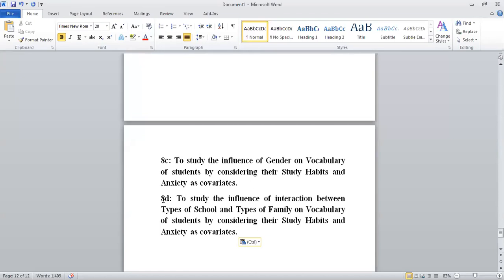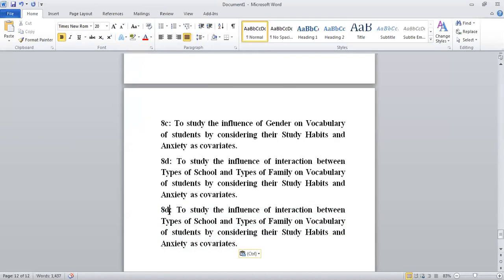So therefore your objective is, I'm just copying and pasting, now it is to study the influence of interaction between the types of school and gender on vocabulary of students by considering their study habits and anxiety as covariates.